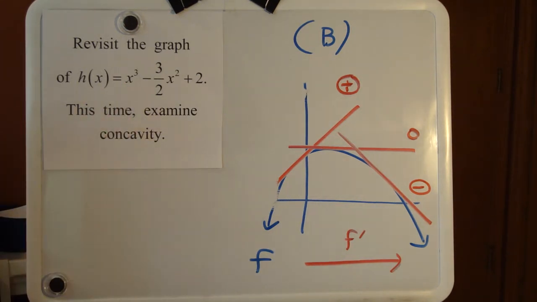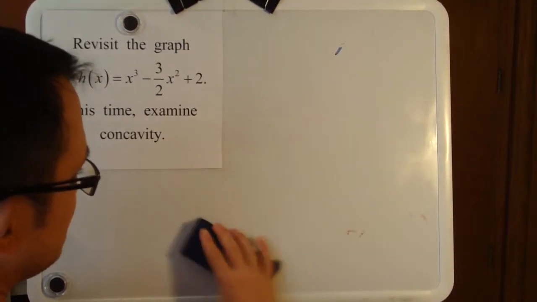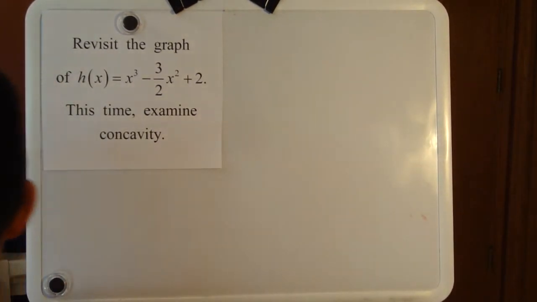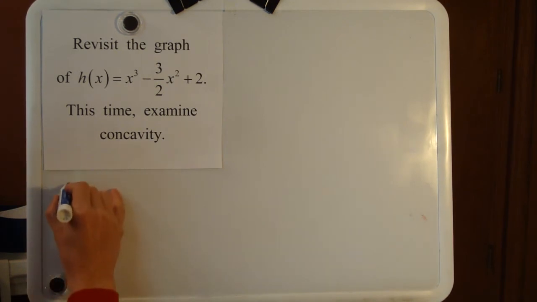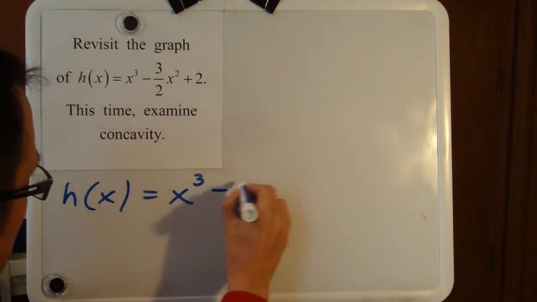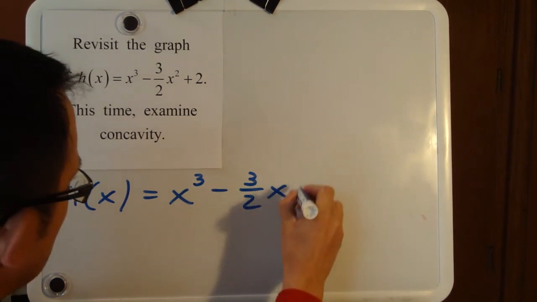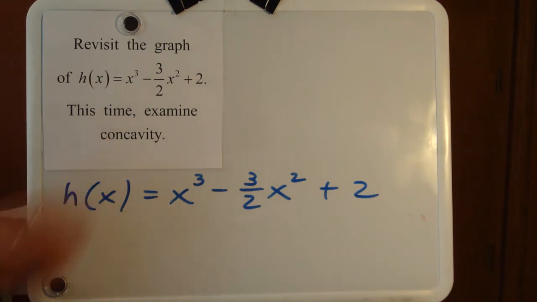We're going back to this example, but looking at different features. Here we have h of x, this function. We're going to look at concavity here.